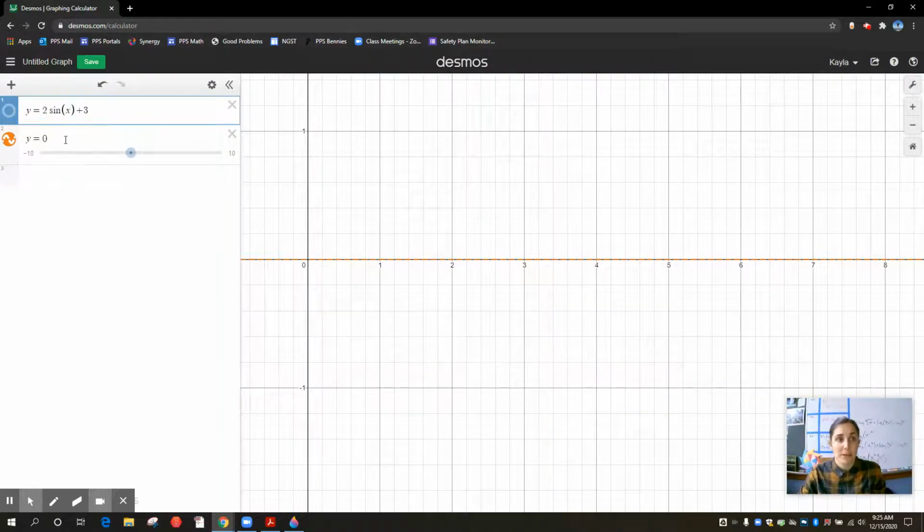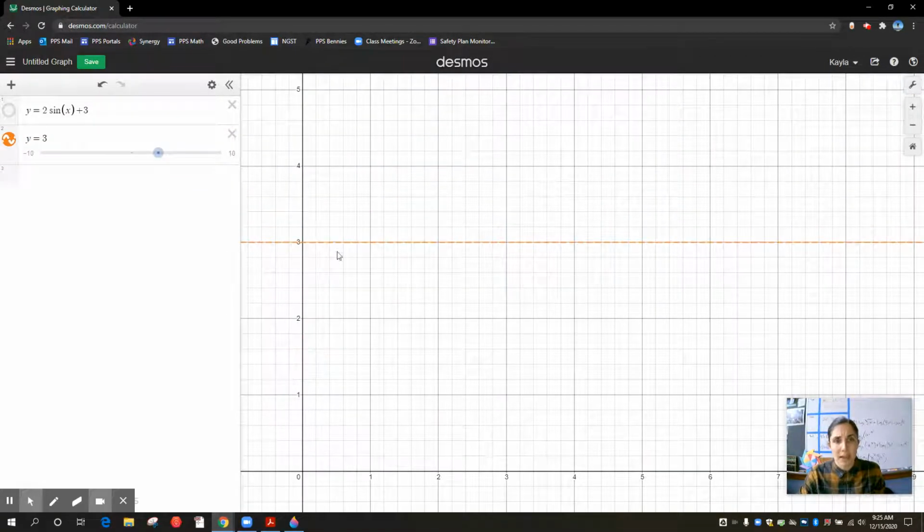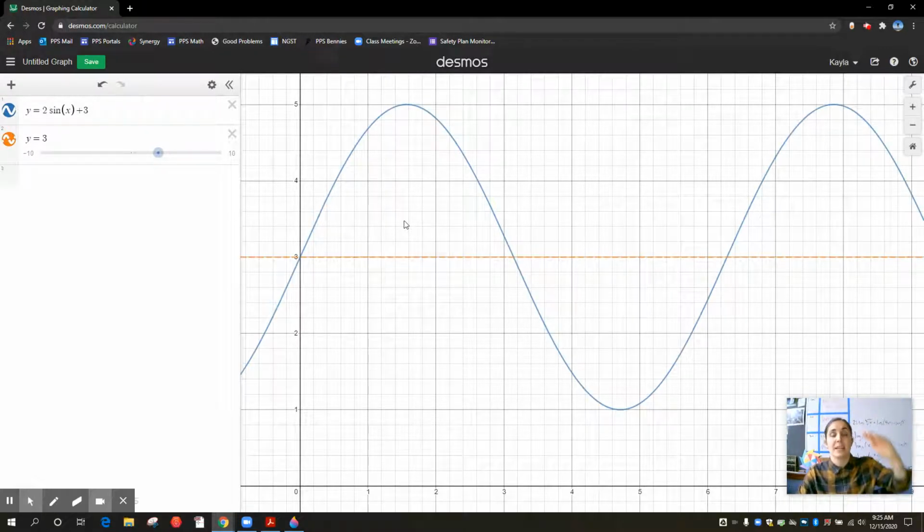So moving my graph up 3, we should be able to visualize that my midline would be up at 3. And if the amplitude is 2, that means my points are now going to 5 and to 1. The graph is oscillating between 5 and 1 because, again, that amplitude of 2 is 2 from the midline.